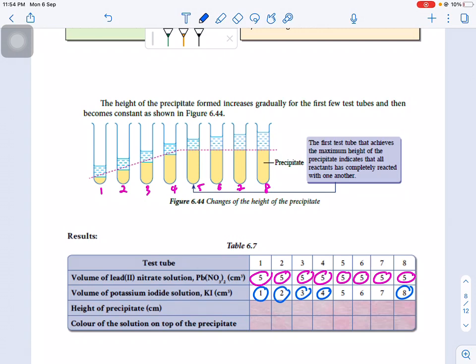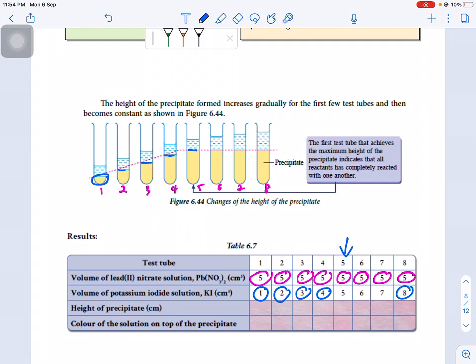So what is the effect? What is your observation? In the first test tube, the height of the precipitate is a bit low. In the second test tube, a little higher. Third test tube even higher. Fourth test tube even higher. Fifth test tube, when we add 5 cm cube of lead(II) nitrate and 5 cm cube of potassium iodide, we get this height. We have to measure this height.